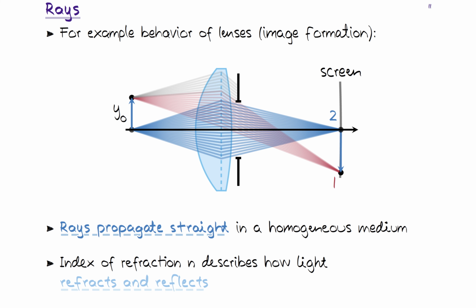In essence, this parameter tells us how a ray of light refracts and how it reflects when it hits an interface. Most of the time, we really don't need to understand the wave nature when we want to understand reflection and refraction processes.